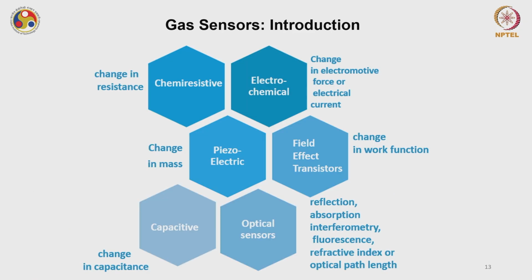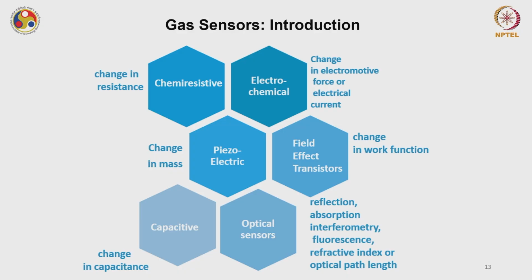Based on the transduction technique, you can have a number of gas sensors. You can have simple chemiresistive devices where the change in the resistance of a thin film is measured with respect to some gas molecule. I have been giving this example regularly. Say consider this is a thin film of some material.